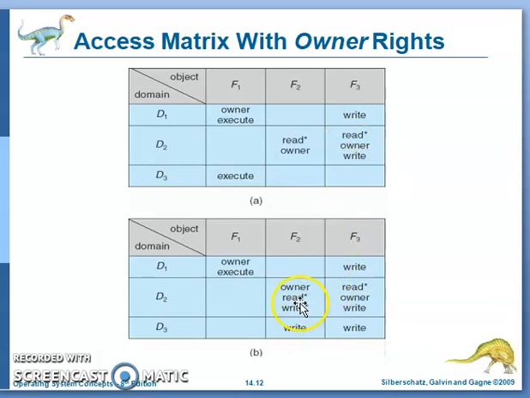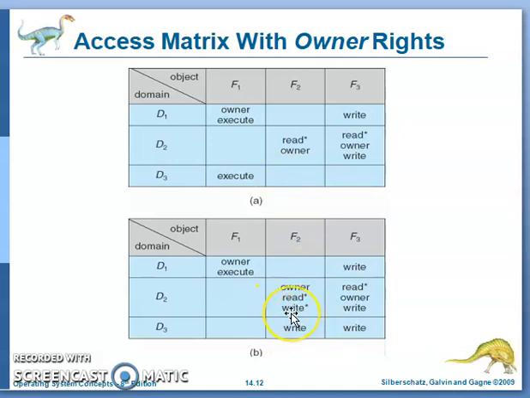Now see this example. In the previous, along this column, on domain D1 there is no operation. On domain D3 there is no operation. But here you see the write operation is added. The write operation is added. Owner, this is the owner, can add any operation, any access right. So the write is added. And here is one more modification.